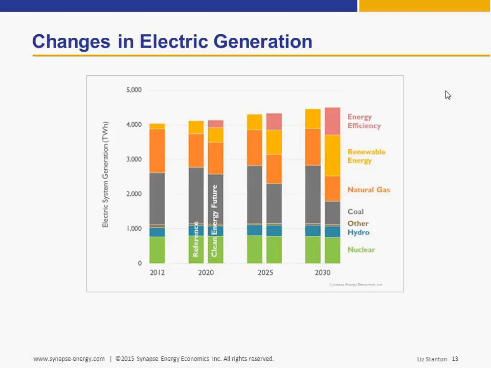We didn't model that scenario, but what we were finding in a number of scenarios that we modeled, including the one that we've discussed, is that with more and more renewables and energy efficiency being put on the system, we saw greater cost savings and bill savings for consumers. That's why we decided to pursue this no regrets type of scenario. We're looking at a scenario in which very high levels of renewables and energy efficiency are being put in place.